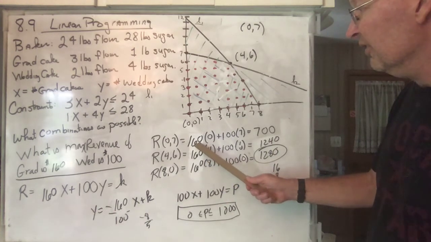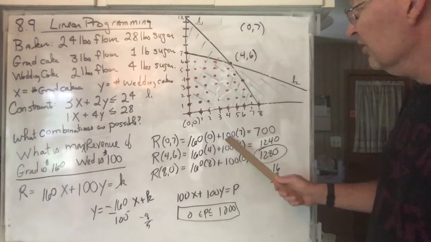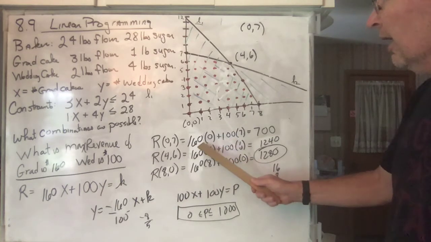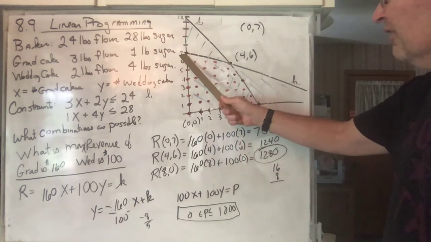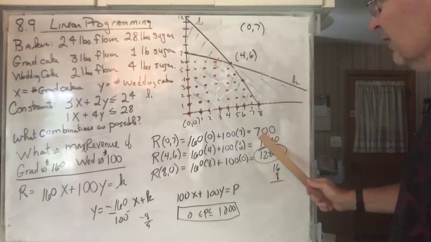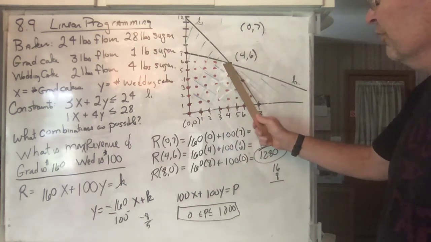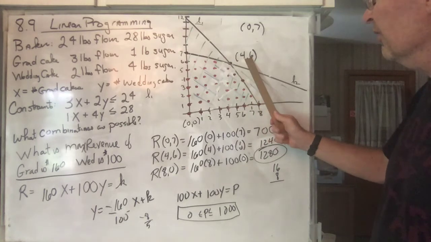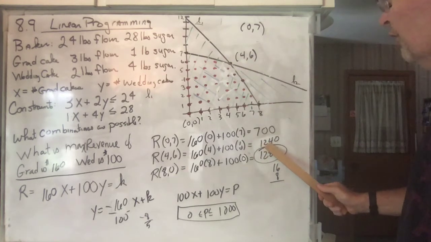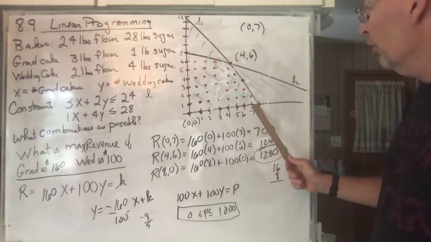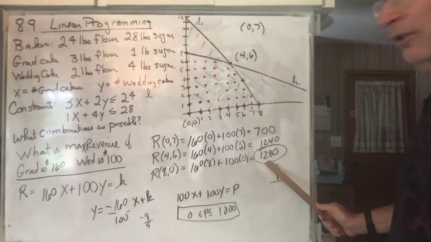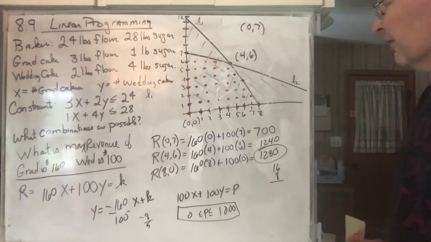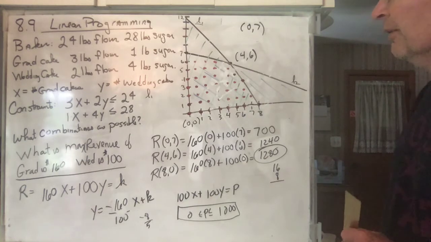You stick 160 in for the price of the graduation, still 100 for the wedding, and if you happen to be on this point right here, you'd make $700. If you chose this choice of 4 graduation and 6 wedding, you'd be at $1,240, and if you made all graduation cakes, you'd be at $1,280. So sure enough, that's the best one.